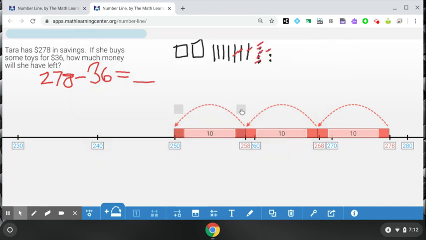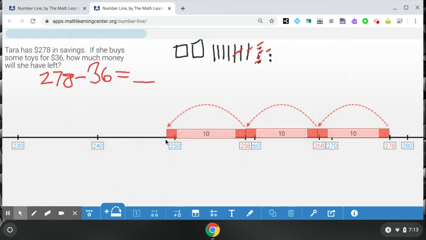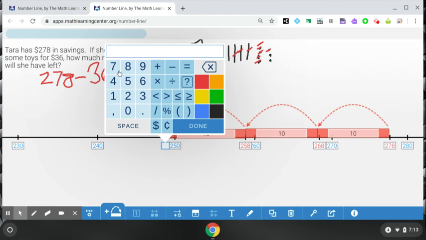And that's just like another base 10 block. Look, doesn't it look like 3 base 10 blocks? And I can see that I need to make that go from 278, 268, 258. What would this be right here? This space on the number line would be 248. You're right.